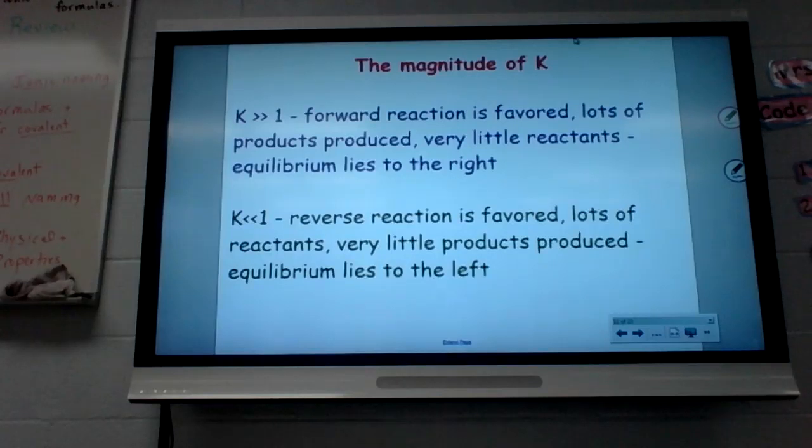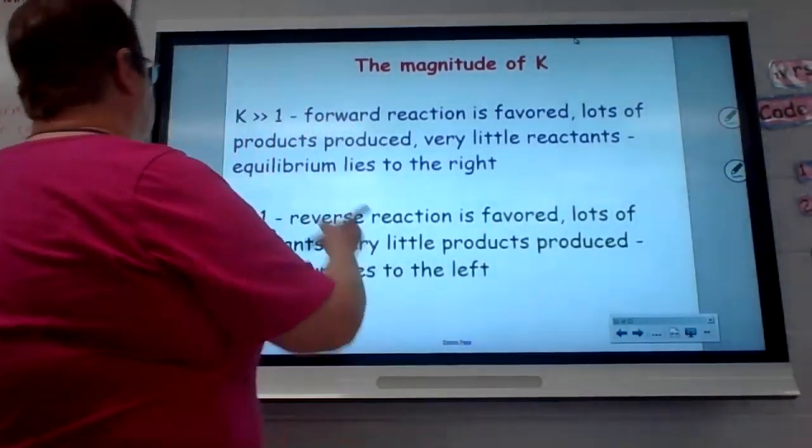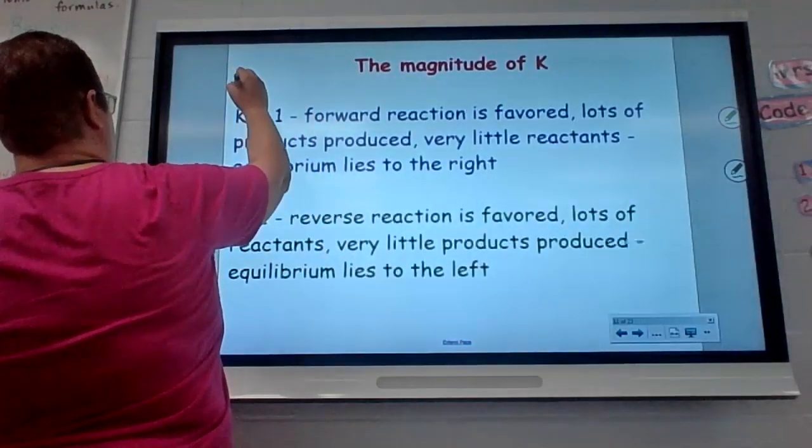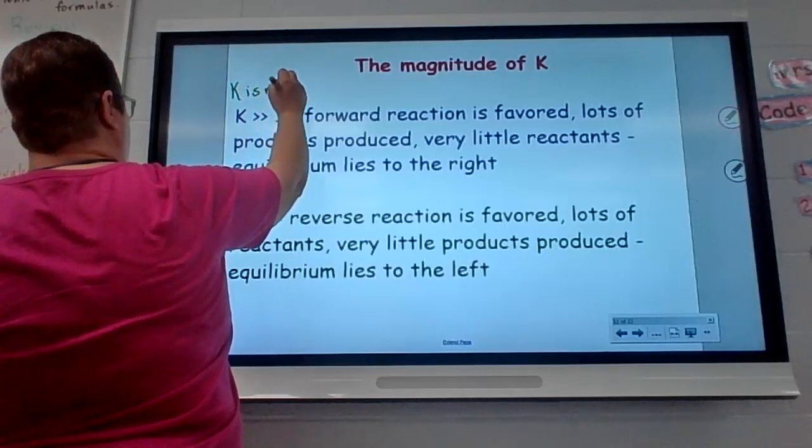K can actually be three things, and I only have two of them up here. K can be, and I put two greater than signs. What does that actually mean when I put two greater than signs? K is much greater.